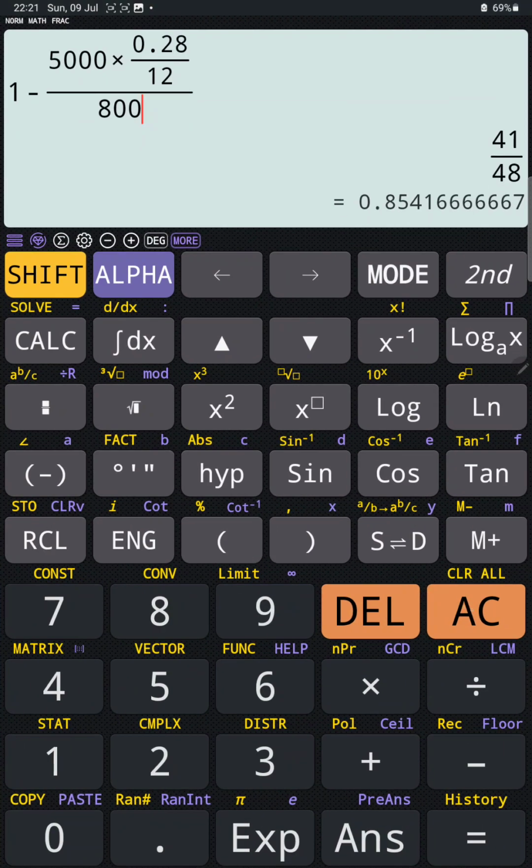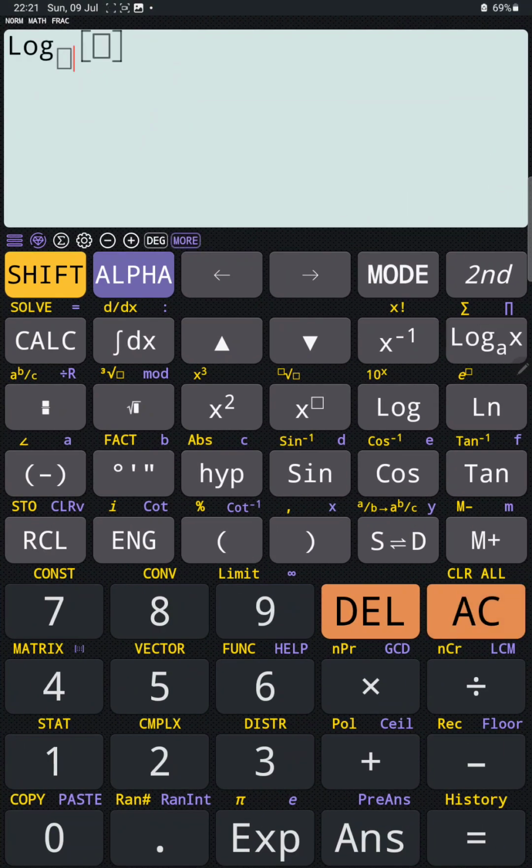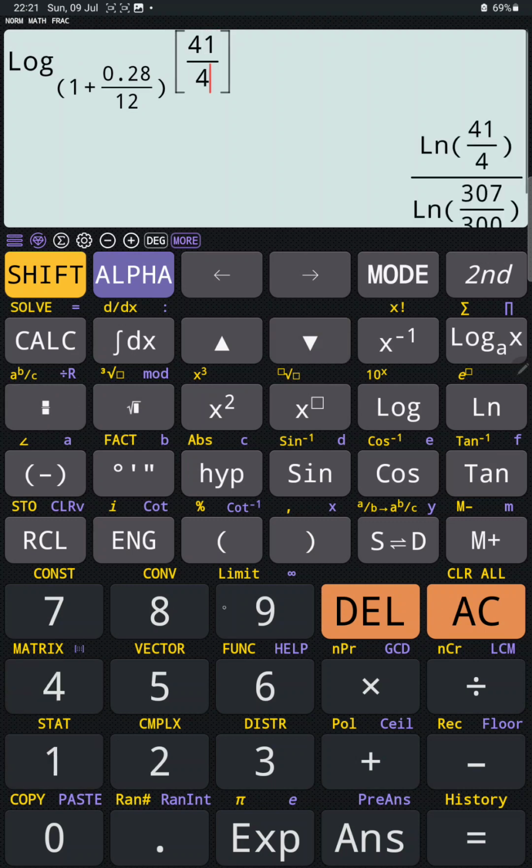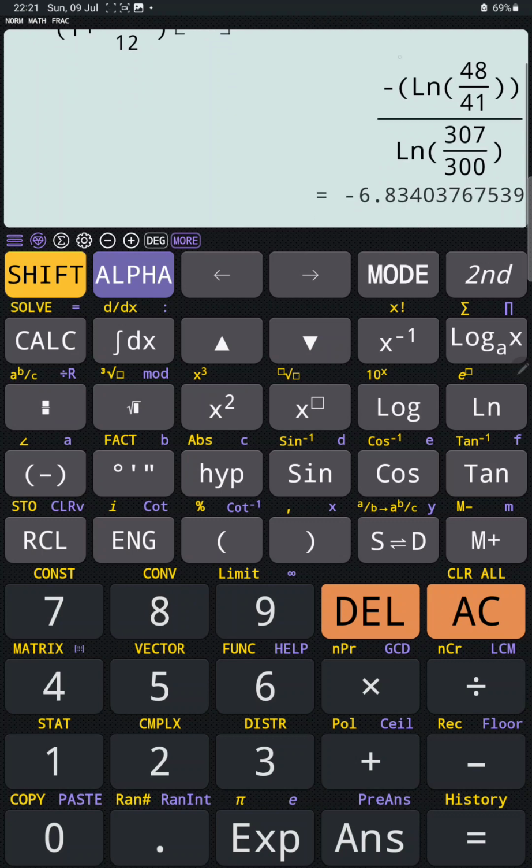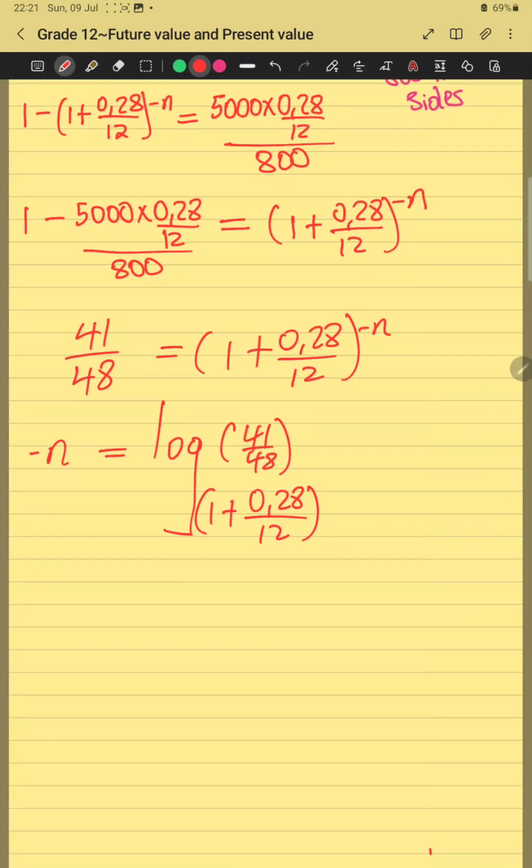So we press log, we've got 1 plus 0.28 divided by 12, and then here we've got 41 over 48. Now we've got negative 6.83, so it's 100% correct.